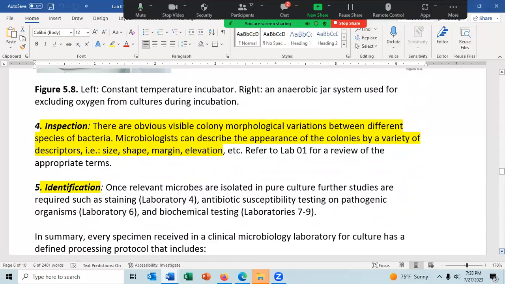We'll talk a little bit more about the colony characteristics in just a little bit, but generally that will not be enough to identify the species. To identify the species, you will have to run specific tests to determine what species the organism is. And that's identification.